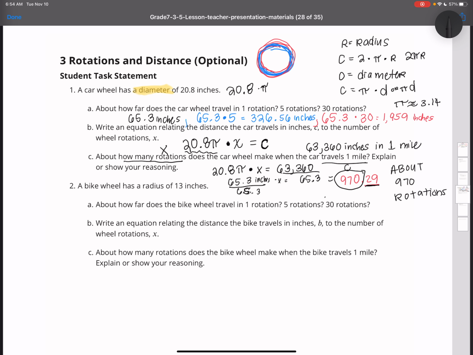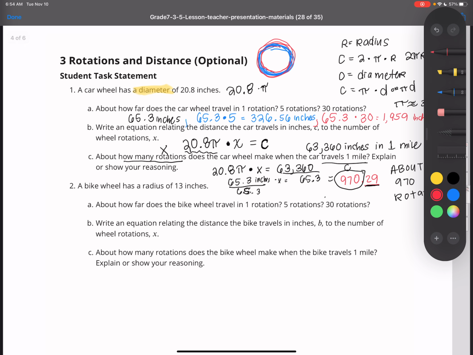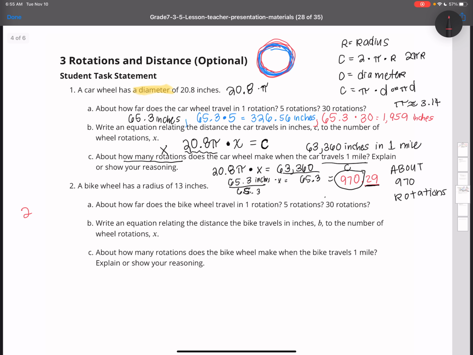Okay. A bike wheel has a radius of 13 inches. Now it gives us a radius instead of a diameter. All right. So we're going to plug that into the formula, which is 2 times pi times r, where r has a value, which is 13.